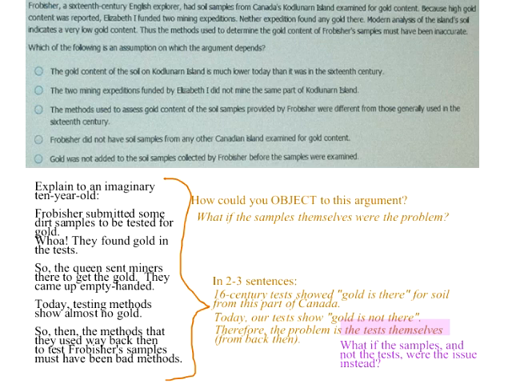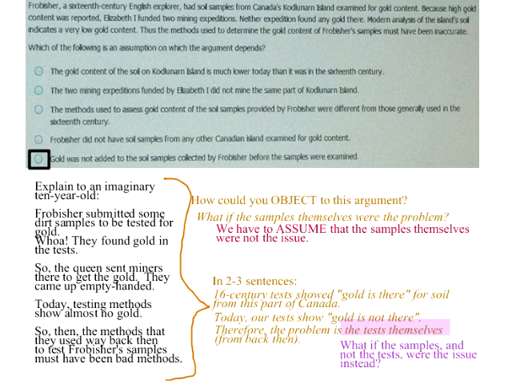So if you do that, then you realize that this is an objection. So we have to assume that this is not a thing. So we have to assume that the samples themselves were not the issue. So that's one of the things.